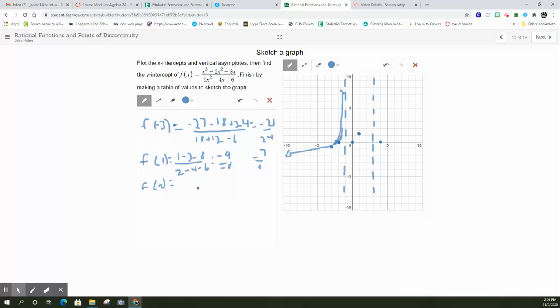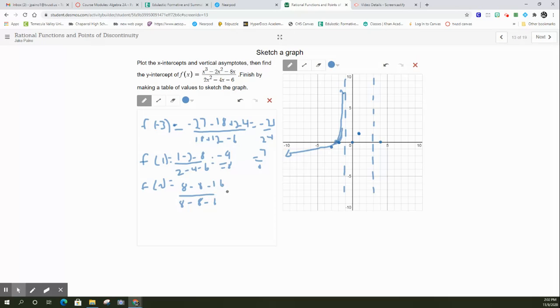Now if I plug in 2, this graph could be coming up all the way or it could be turning back down. So I have to plug in another point. I don't know what it's doing here. So if I plug in 2, 2 cubed is 8, minus 2 times 2 squared is minus 8, minus 16. And then 2 squared is 4, 4 times 2 is 8, minus 6.